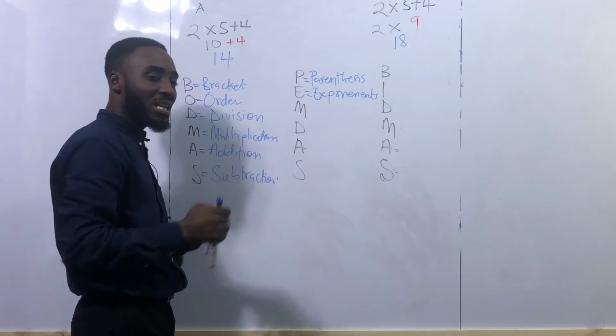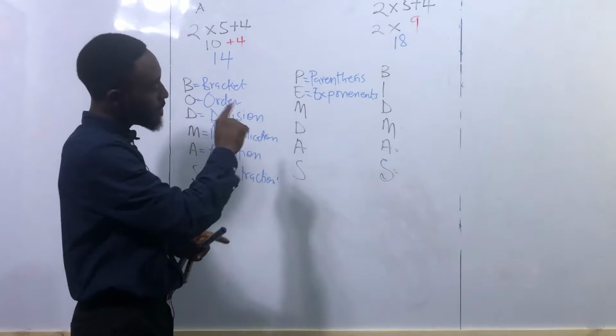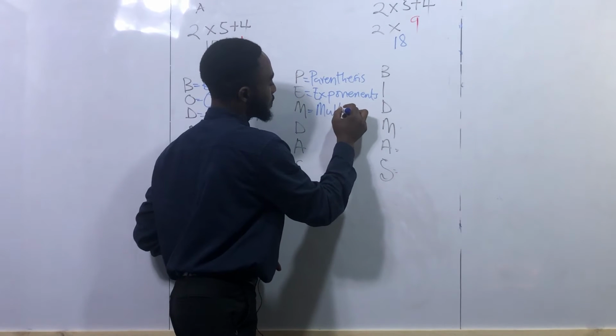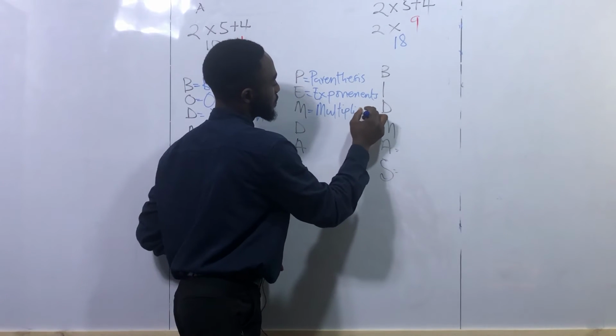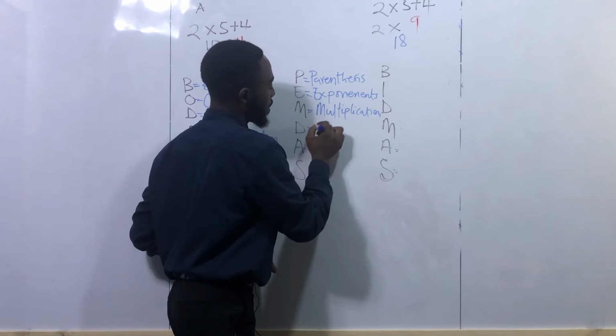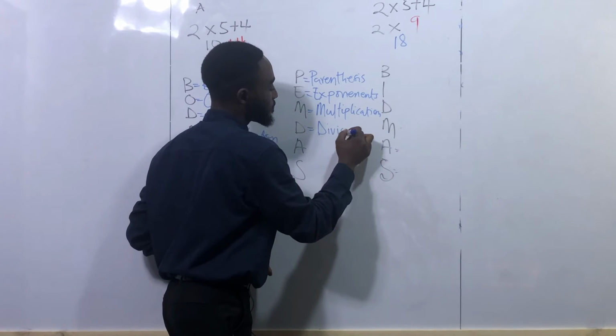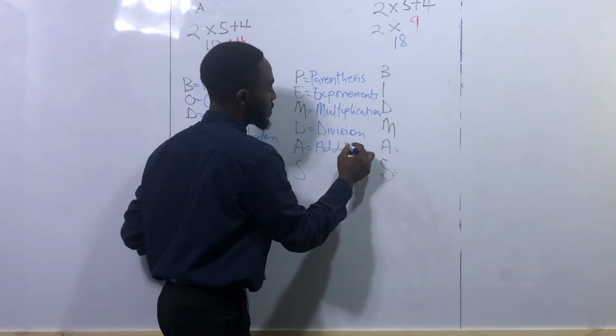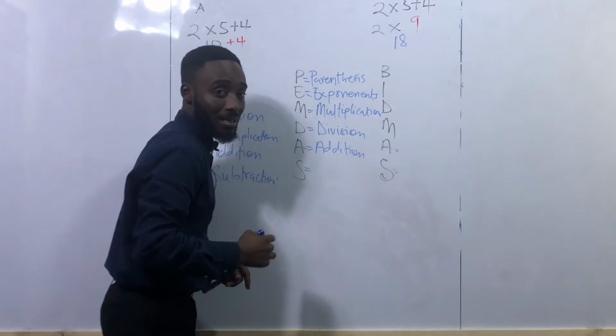Does that in any way suggest a contradiction? I'll explain as we go on. So multiplication, division, addition, and then subtraction.